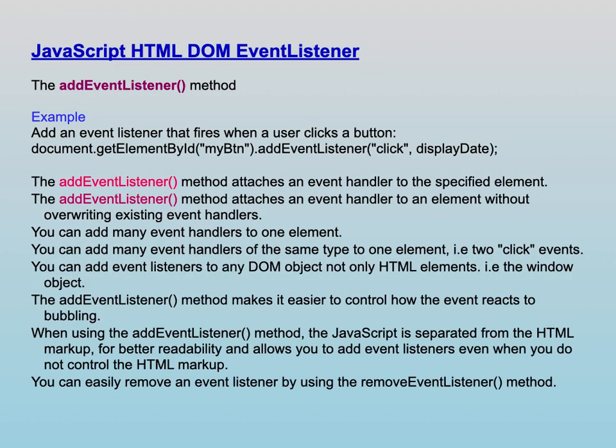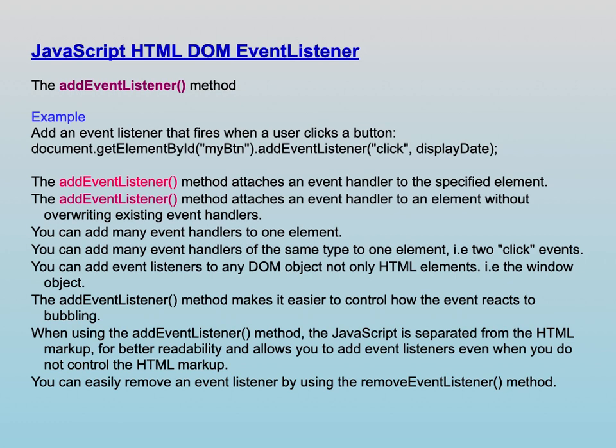JavaScript HTML DOM event listener. The addEventListener method is used here. For example, add an event listener that fires when a user clicks a button. For that, we need to use document.getElementById with the id myBtn for identifying that particular element, and we need to add an event listener.